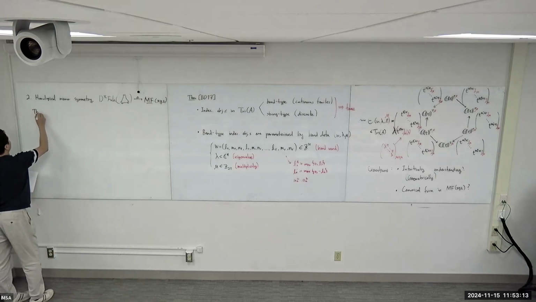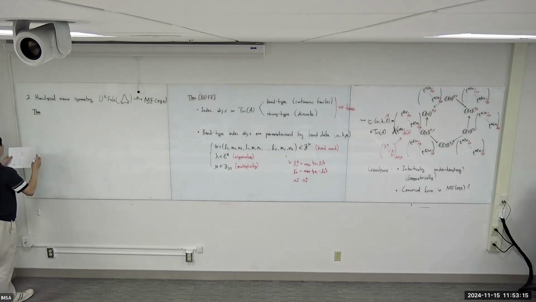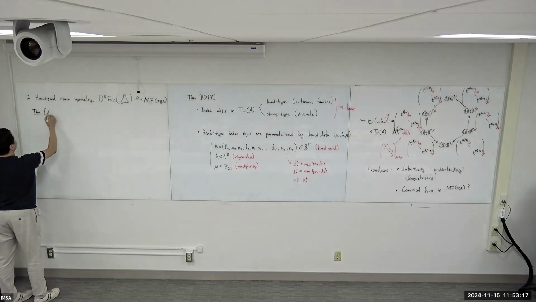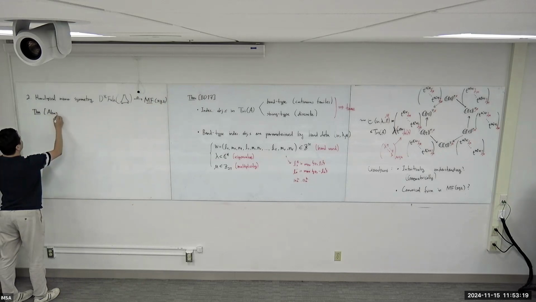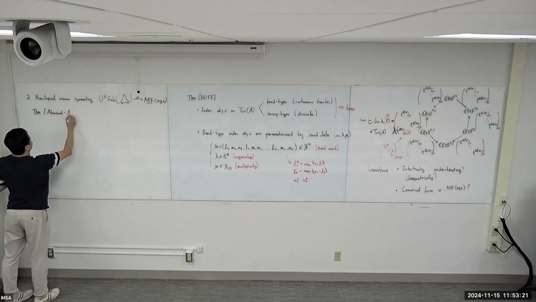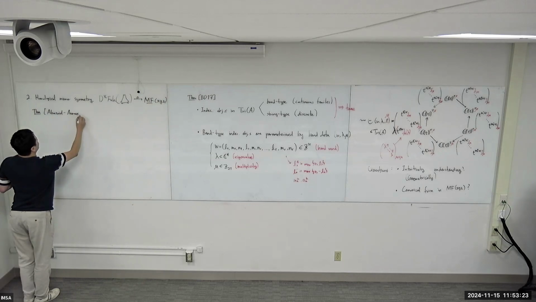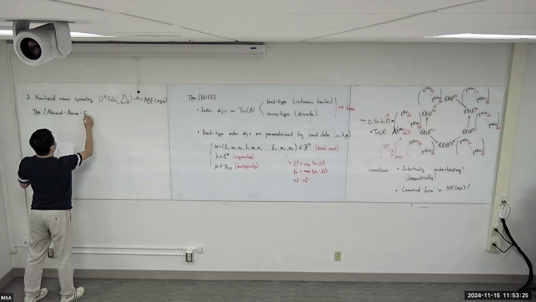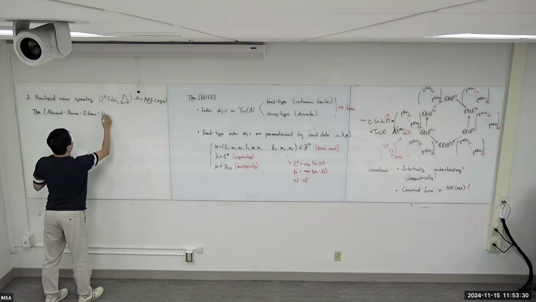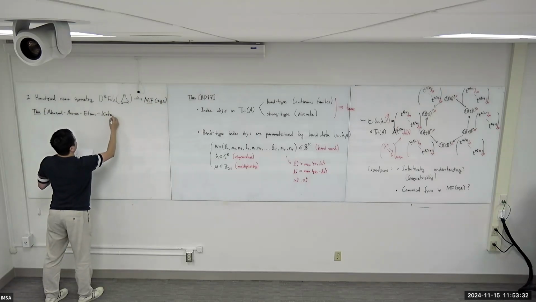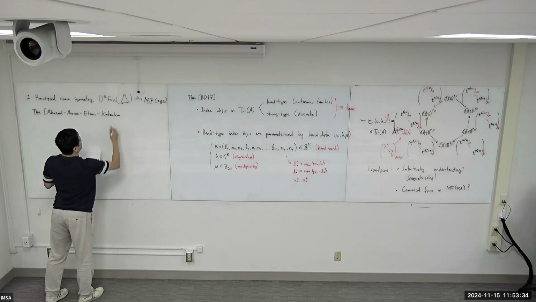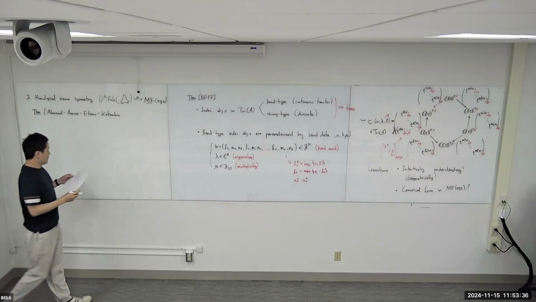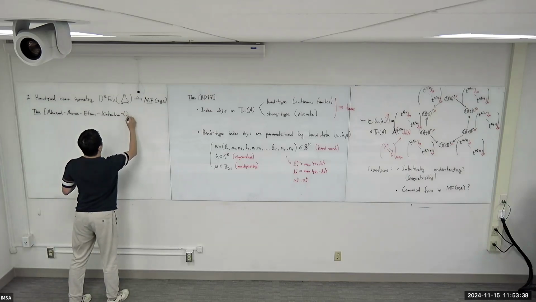So this kind of mirror symmetry was first proven by Abouzaid-Auroux-Efimov, and Katzarkov, the previous speaker here, and finally Orlov.